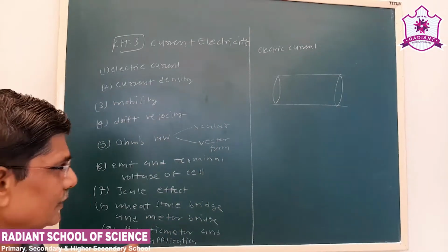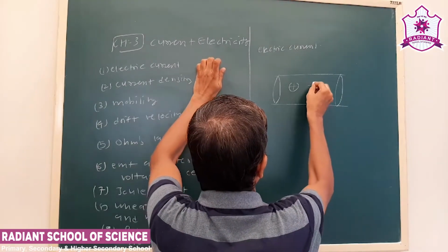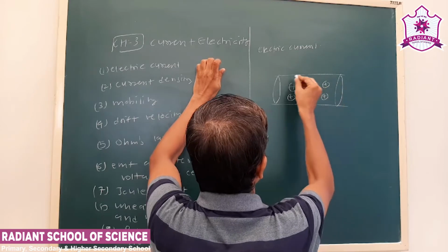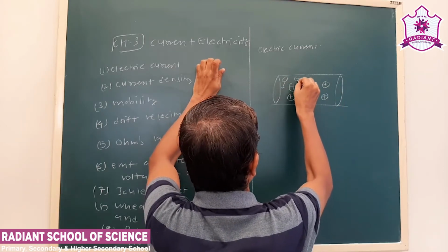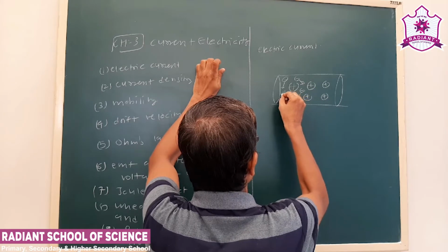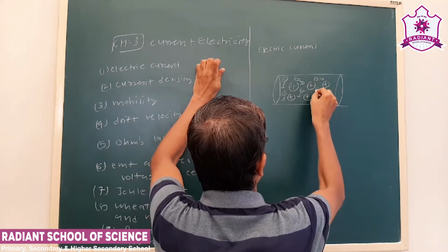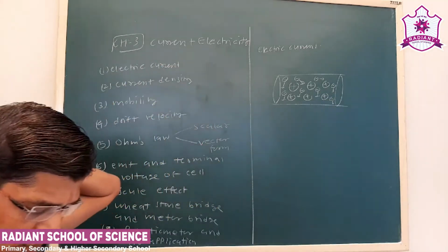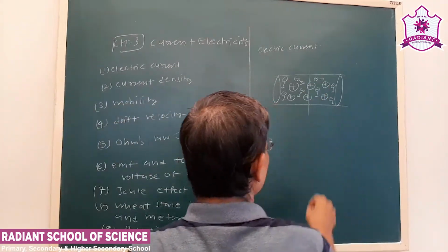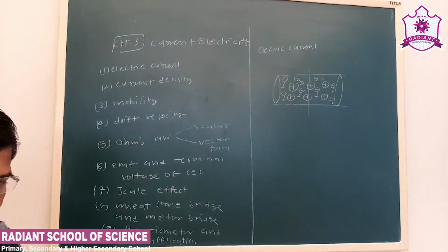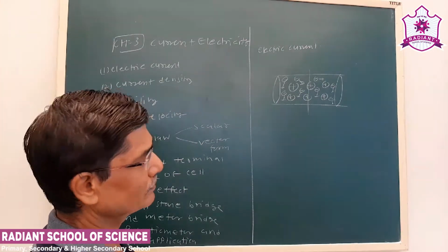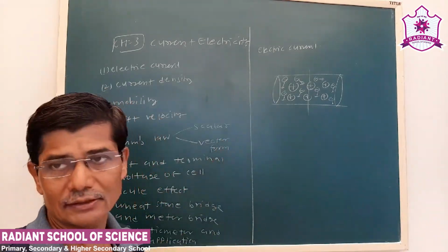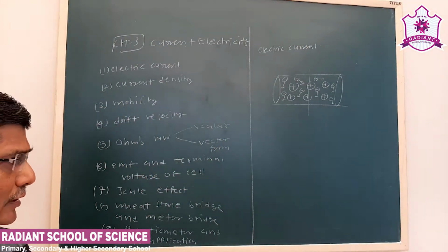The positive ions are in a fixed condition and electrons are moving randomly in the space between them. If I consider a cross section of a conductor, there is no unidirectional flow of charges. So right now there is no current.